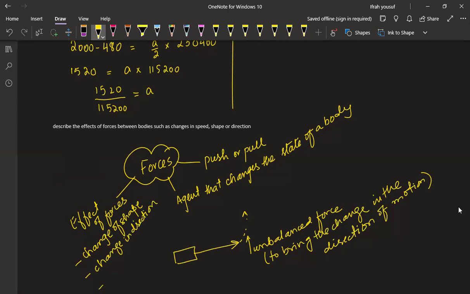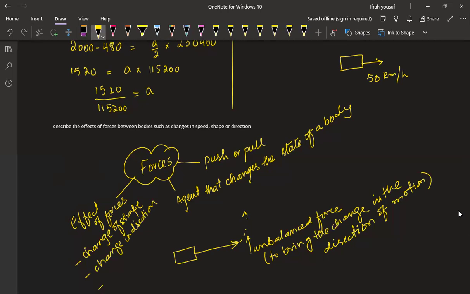If any object is moving with, let's say, a speed of 50 kilometers per hour, and I want to increase the speed, what do I have to do?